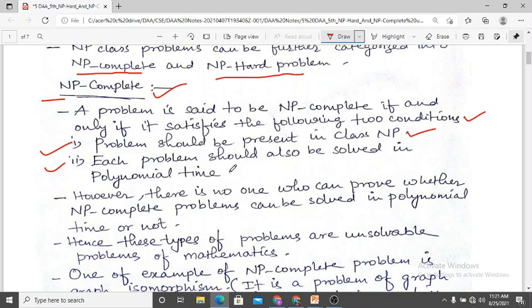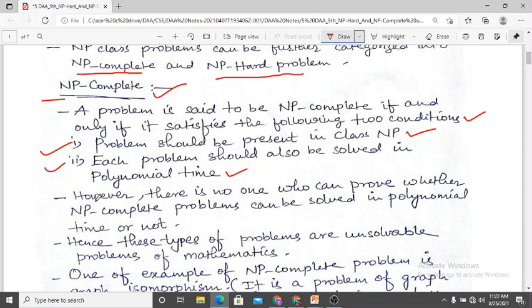Whatever problem we have in NP, we can also solve it in polynomial time. What are the two conditions? First, it should be present in NP, and second, it should be solvable in polynomial time. When I show you the graph of the P and NP relationship, you can easily understand the concept.